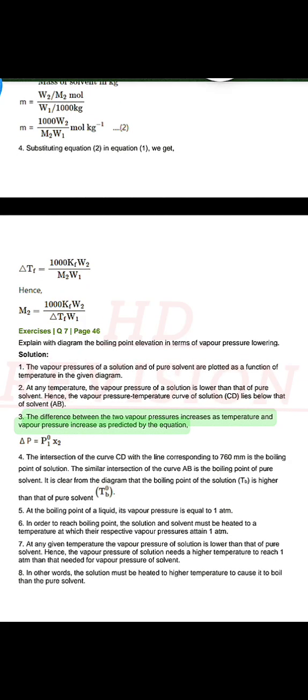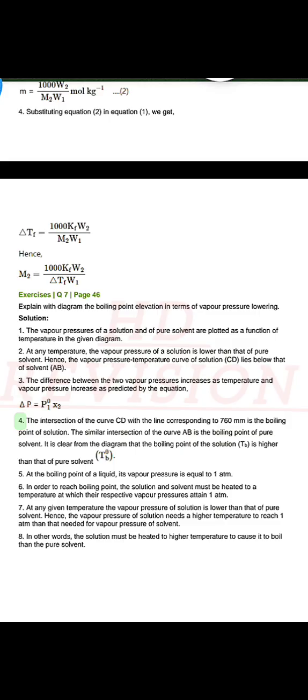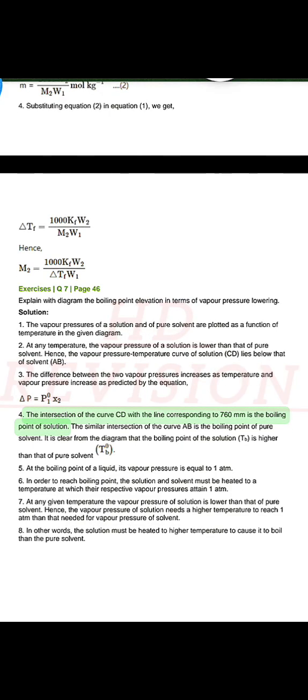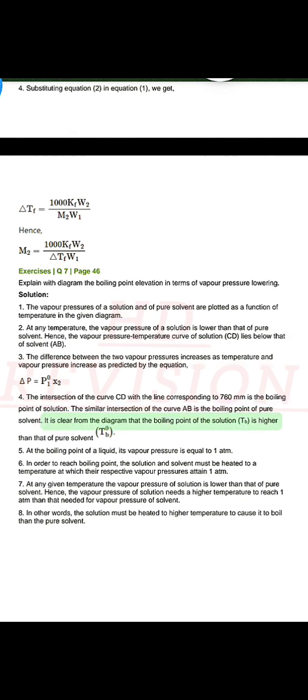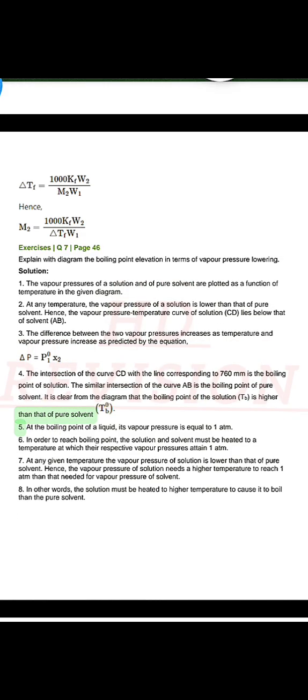The difference between the two vapor pressures increases as temperature and vapor pressure increase, as predicted by the equation. The intersection of the curve CD with the line corresponding to 760 mm is the boiling point of solution. The similar intersection of the curve AB is the boiling point of pure solvent. It is clear from the diagram that the boiling point of the solution Tb is higher than that of pure solvent.